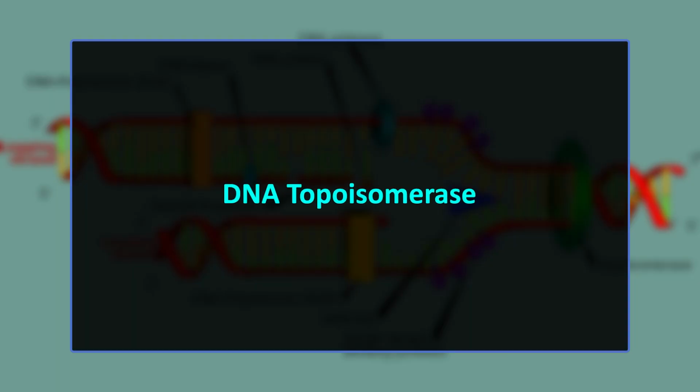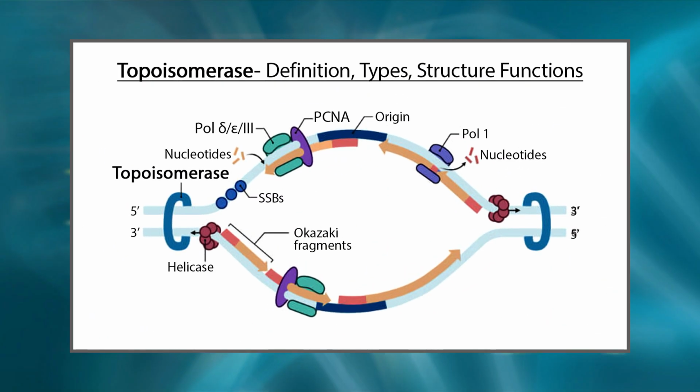Dear students, now let us discuss the enzyme DNA topoisomerase. DNA topoisomerase is a class of enzymes that release helical tension during transcription and replication by creating transient nicks within the phosphate backbone on one or both strands of the DNA.